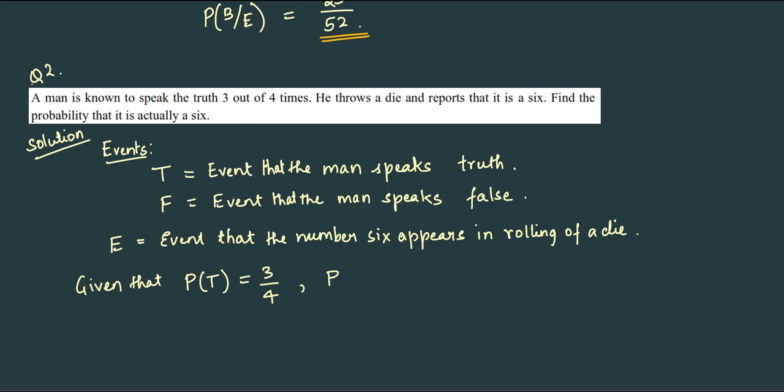This is nothing but T bar, because there are only 2 events. If there were more than 2 events, we could write different letters, but here either he speaks truth or he speaks false. There is nothing in between. So this F I'm writing as T bar. He is speaking false.